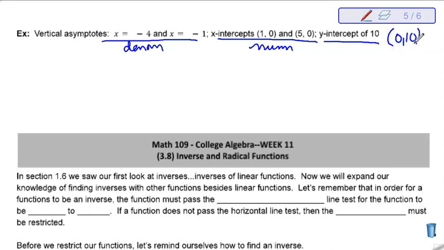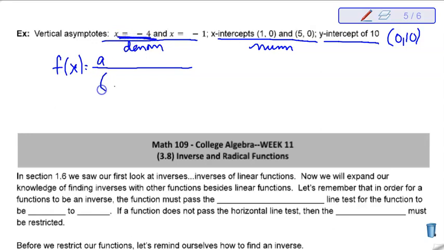Just like we put that 6 out front, I'm going to do a placeholder here as an A. That's kind of like when we had our parabolas. I need a number out front to create, in this case, a y-intercept of 10.